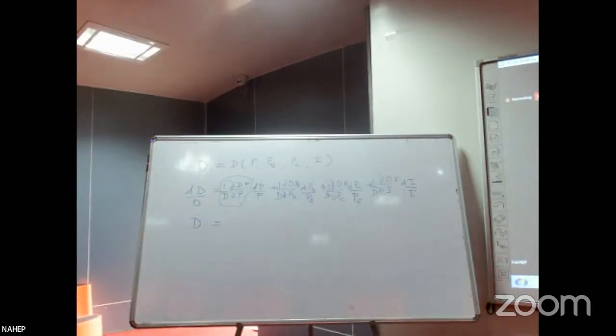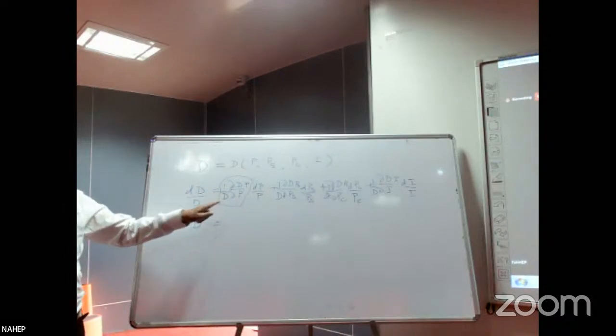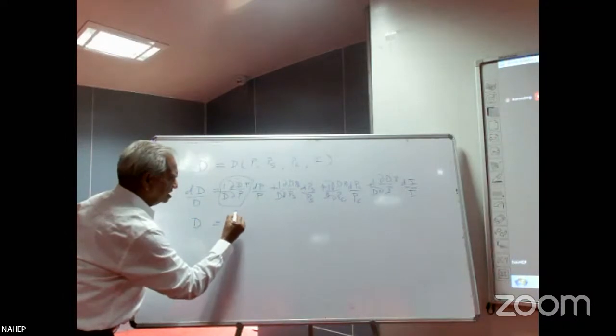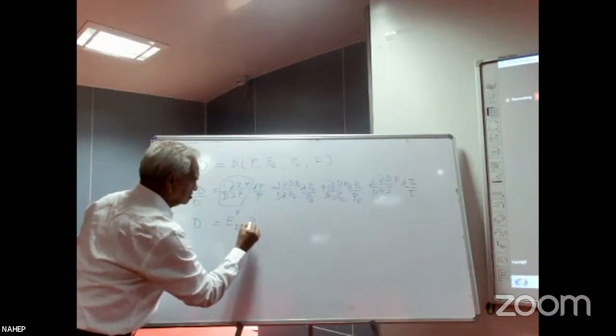What is the formula for price elasticity of demand? Change in demand divided by change in price, delta D by delta P, times P by D. So this is the elasticity. So you are writing price elasticity of demand and then P growth.